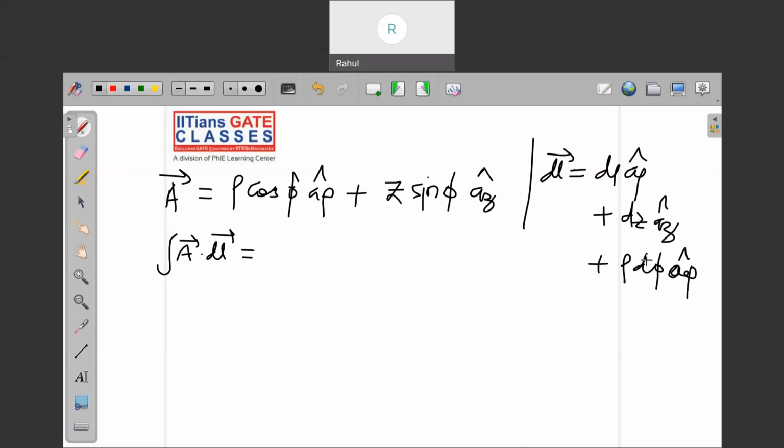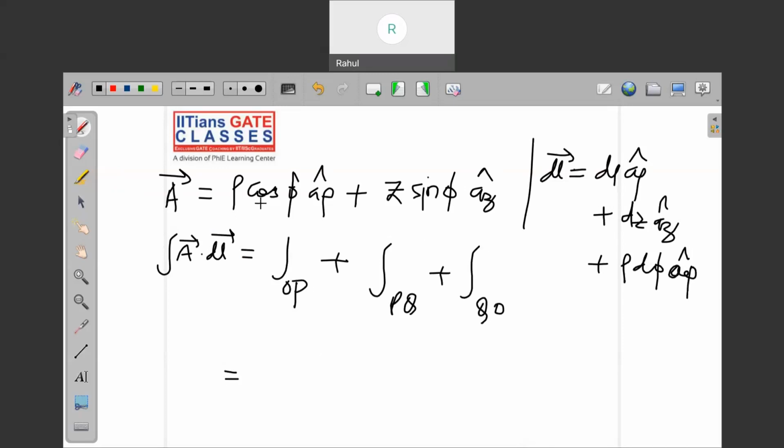So we go from O to P, integration from O to P plus integration from P to Q, and integration from Q to O. Three integrals you have to compute.